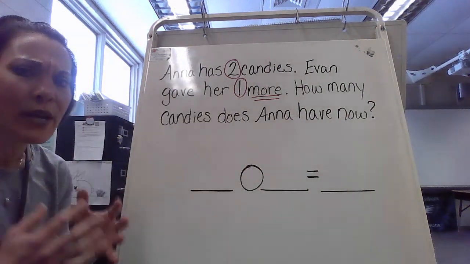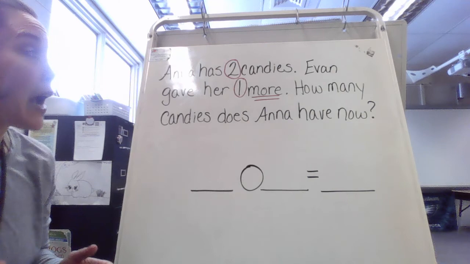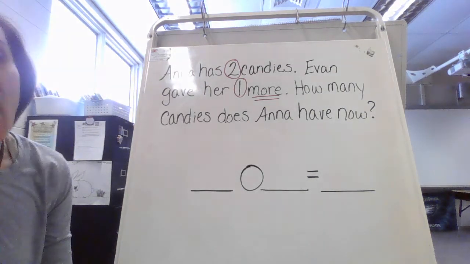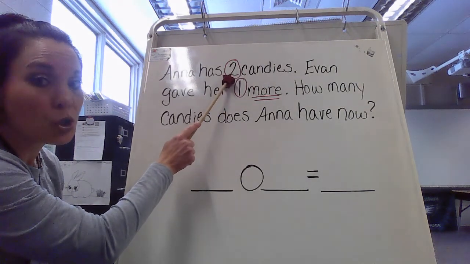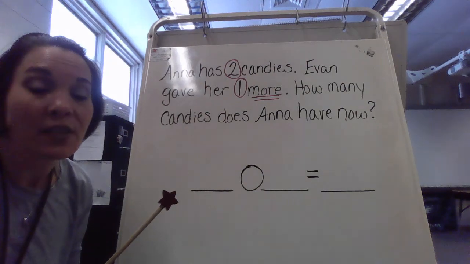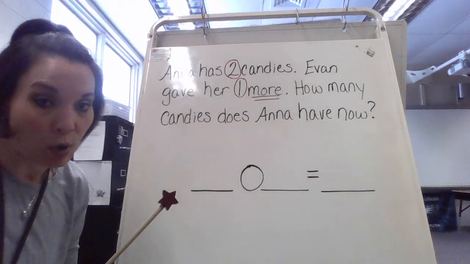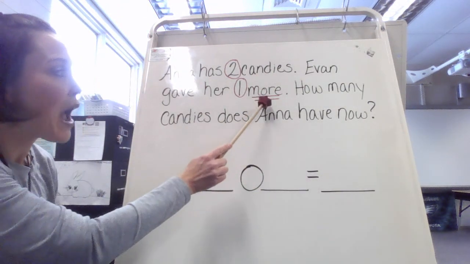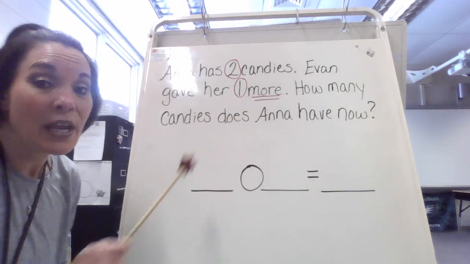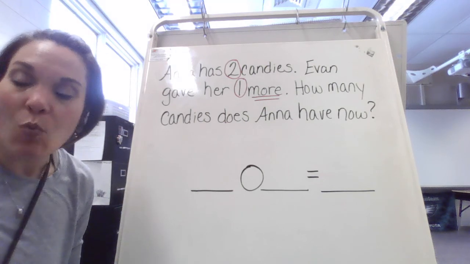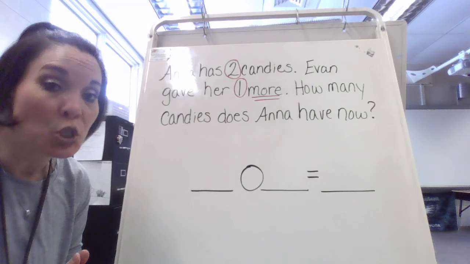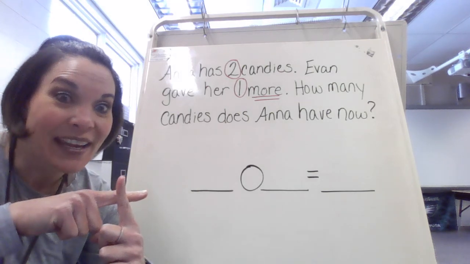Now with me reading those words 2 times, it gives me a better idea of what I need to do. Notice I have the number 2 circled and the number 1 circled. That means they are very important numbers in our word problems. I also have another word underlined here, and that word is more. When I see words like that, that means I'm going to be adding.